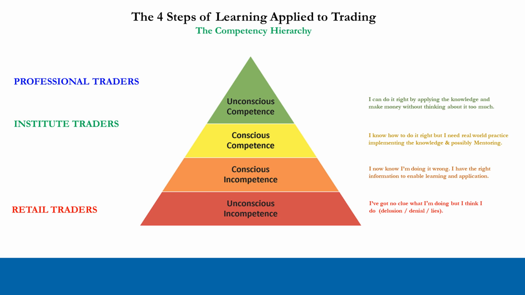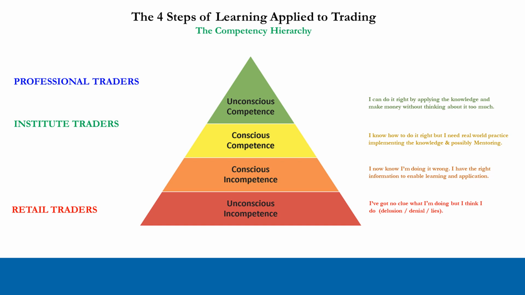Now, we also learned in the IPLT video series how to apply the competency hierarchy. And for those of you that are new, the competency hierarchy can be applied to any learning endeavor, whether it's, for example, learning a new language or perhaps learning a new skill like driving, or even, for example, learning a new profession.